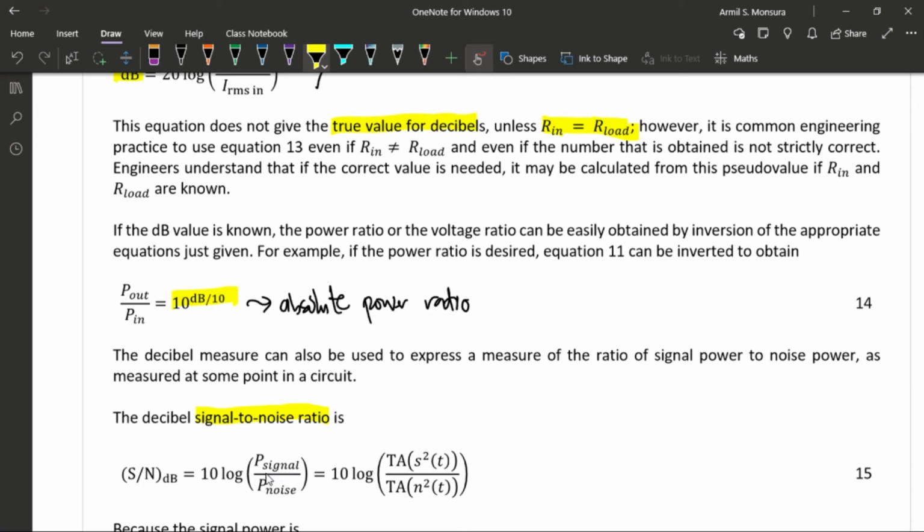Okay, so simply put, signal to noise ratio is the ratio of the power of the signal or information bearing signal to the power produced by your noise waveform. That is on a circuit.